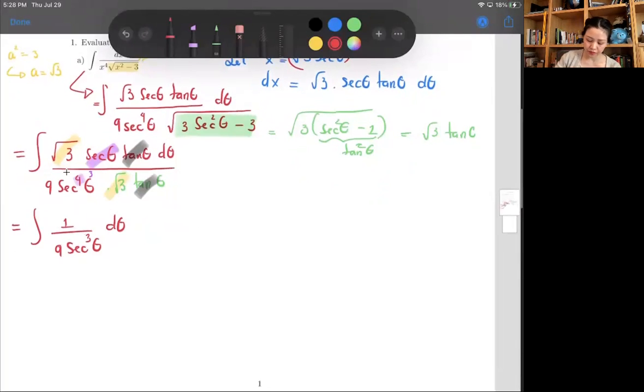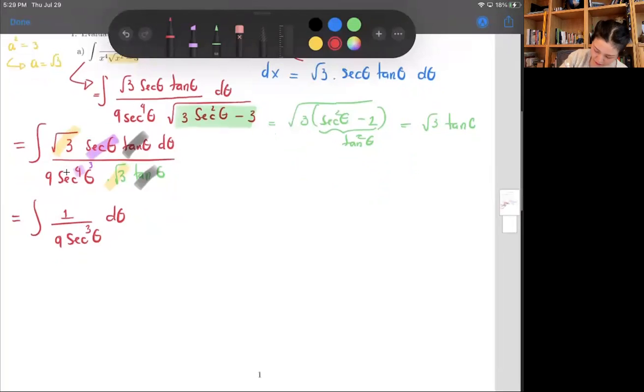Or better yet, I'm going to bring the 1/9 to the front, and 1 over secant cubed theta is cosine cubed theta, d theta. Remember, secant theta and cosine theta are reciprocal functions of one another.